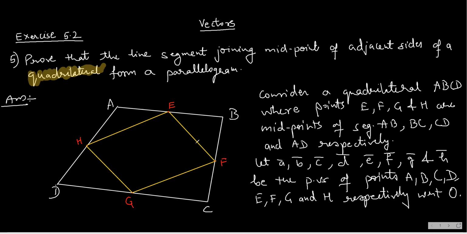Now you need to understand, if you want to prove that EFGH is a parallelogram, it would be sufficient if you could prove that vector EF, that is, it starts from E and goes up to F, is equal to vector HG, or for that matter, if you could prove vector EH is equal to vector FG, either of the two you prove and your proof is done.